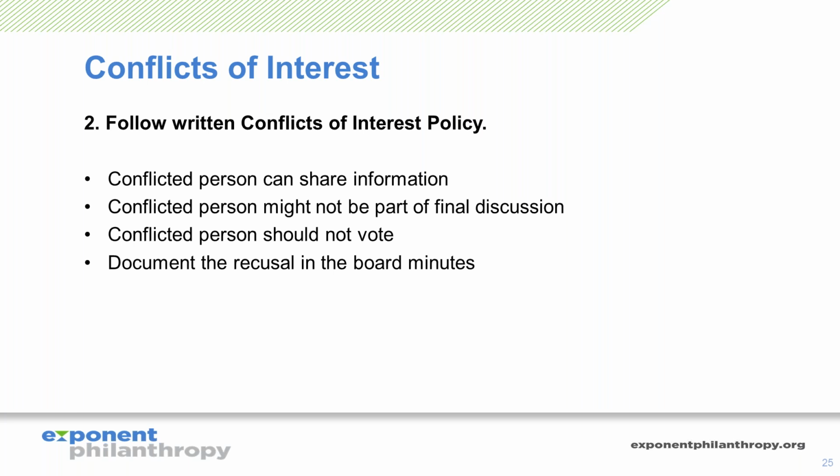So you can have a free discussion about the arrangement. And then the conflicted person should not vote. It should be recused from voting. And in the board minutes, you should note both of these facts, that the individual was not in the room during the final part of the discussion and did not vote on the arrangement. And as I said, you should document all of these in your board minutes.